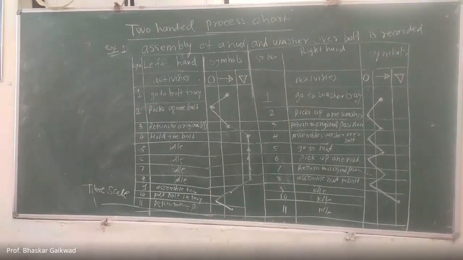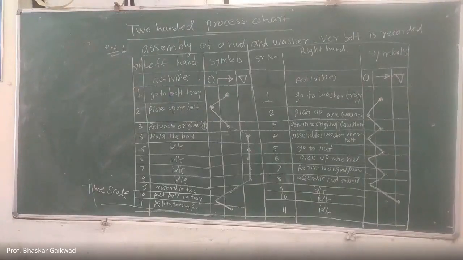Anybody having any problems related to this, you can ask. Any problems related to two-hand process charts? Hello? Any questions? Otherwise, we will go to the next chart, that is the multiple activity charts. Hello? Multiple activity charts, next chart is there.